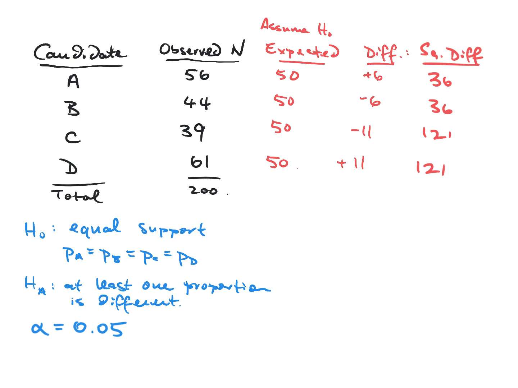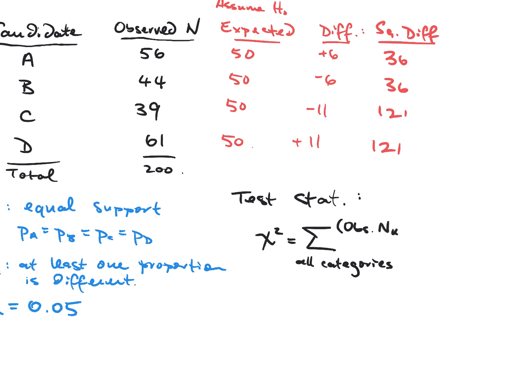Now, according to the formula, our test statistic, which is a chi-squared value, is calculated by adding over all categories the observed number in the category minus the expected number, squared, divided by the expected number in the category.